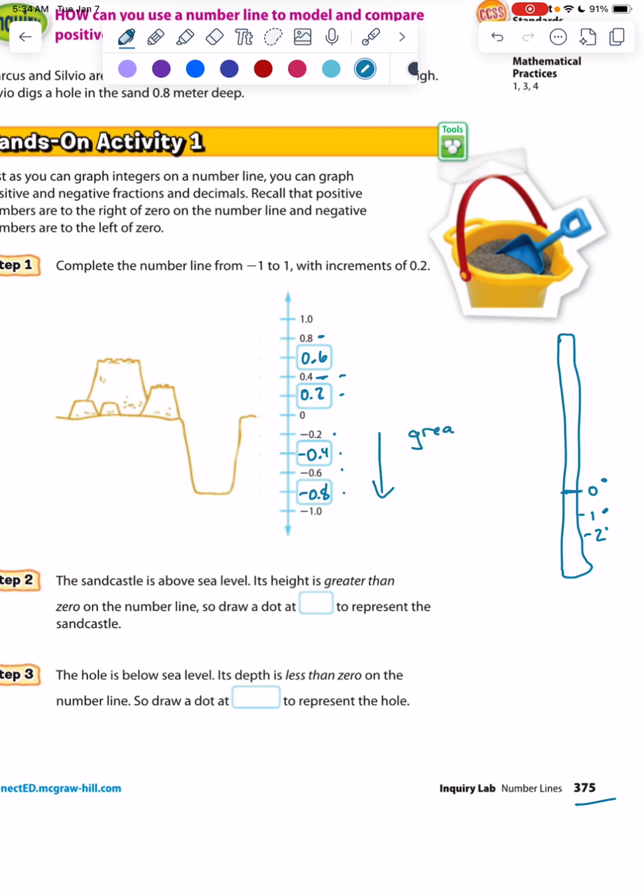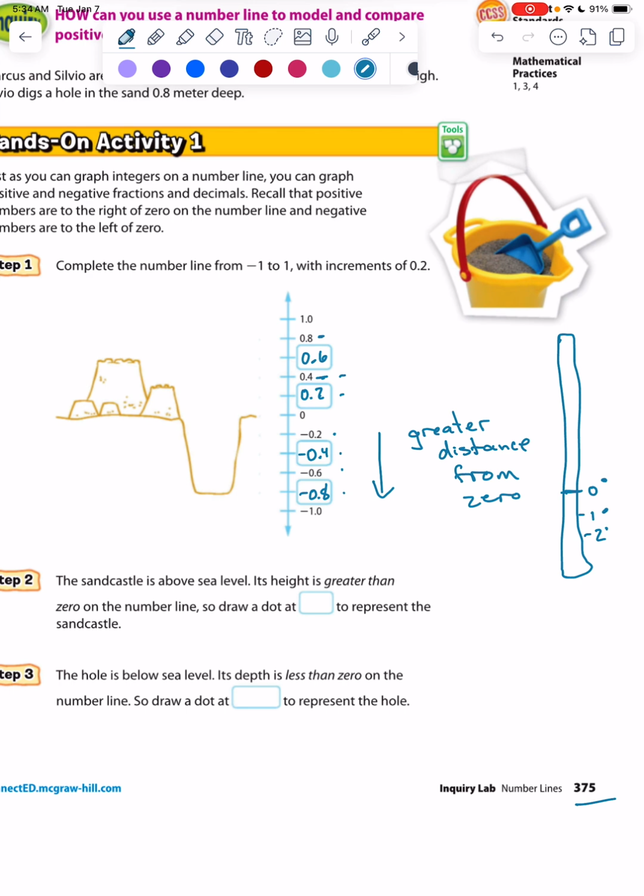A greater distance from zero. That's why it seems like the numbers are getting larger, because it's a measurement of how far from zero.